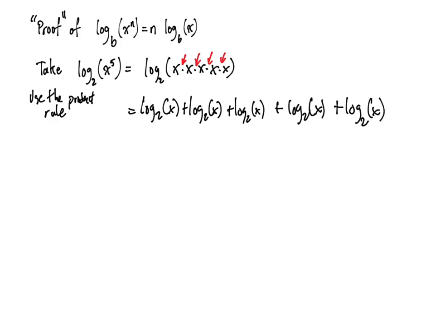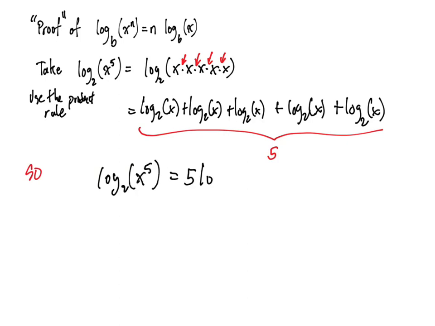But what we've got on the right-hand side now is five of these log base 2 of x's. So if we add them all up, we get log base 2 of x to the fifth is really just 5 times log base 2 of x. So it really does look like the 5 exponent simply comes down in front of the log, but it's really just a result of that product rule.